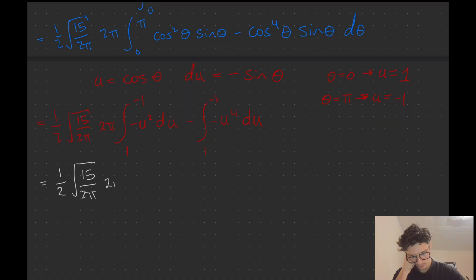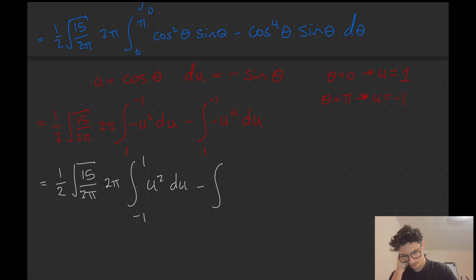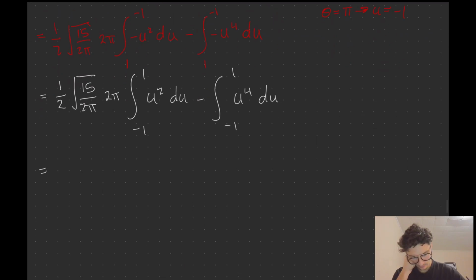Here we have a 2 pi. Here we can flip the bounds and remove this minus sign, so we have that u squared du. Here we can add those minus signs and minus, and then split this like that, u to the 4th du. So now we have 1 over 2. Does this work though? I don't know if it works because this pi doesn't get cancelled with the square root of pi.